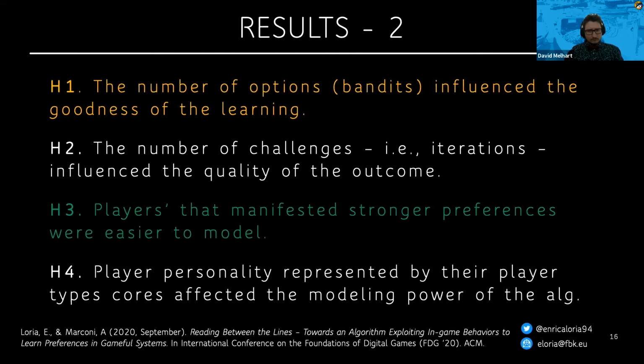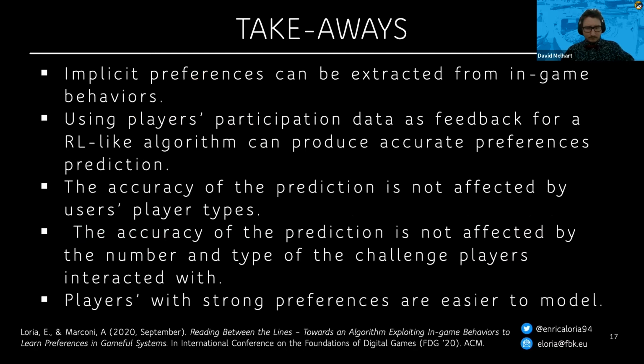We also researched the causes of such heterogeneity in players' identity, here represented by the exact user types. However, player types cannot be used to identify players for which the algorithm will perform well. To summarize, we conducted a feasibility study showing that implicit preferences can be extracted by feeding players' participation behaviors to a reinforcement learning-like algorithm.